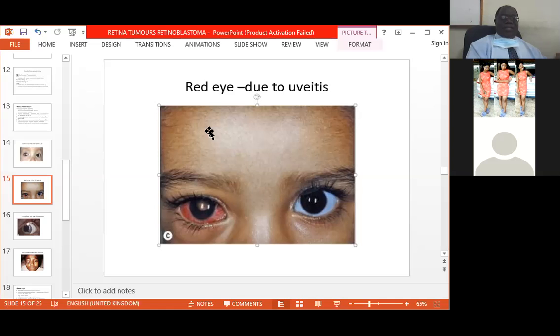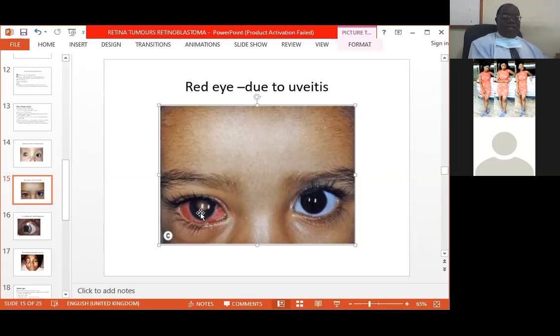Here, there is nothing. This is a red eye due to uveitis following retinoblastoma. This white thing, when you dilate this pupil, that's the tumor cells behind there. So the patient can also present with what appears to be uveitis.